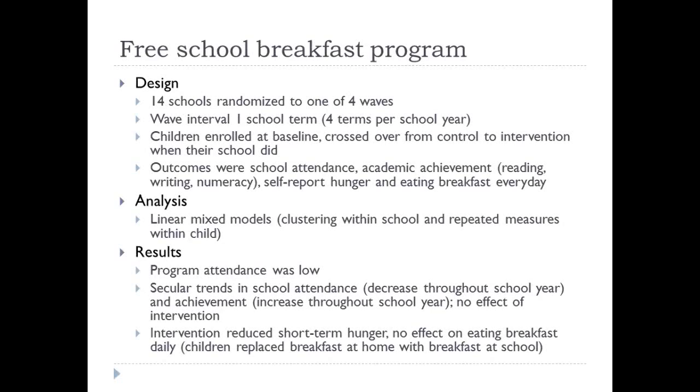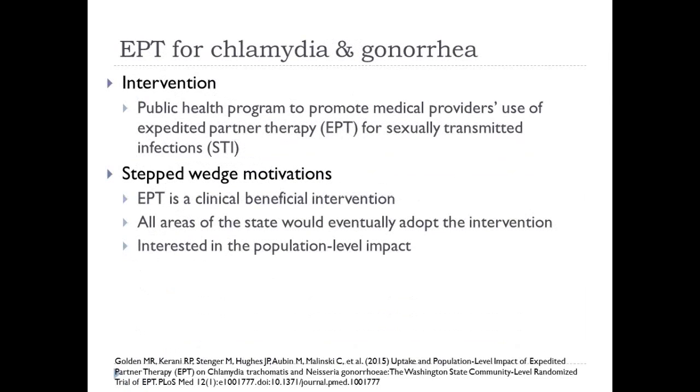And the state had made the decision that everyone would eventually adopt the intervention. This was not a question, it was assured. However, the state was willing to randomize the order in which the various parts of the state implemented the intervention.